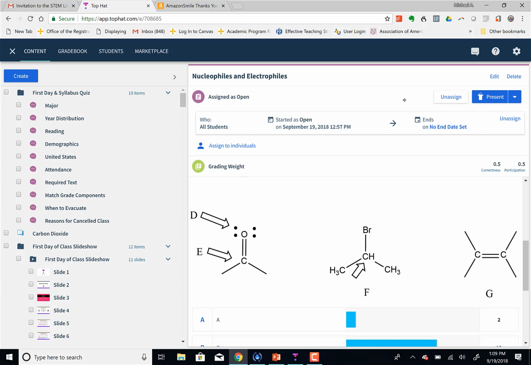And then the double bond. Nucleophile? No? What do you think? Is there non-polar? No, there's either electrophile or nucleophile. That's it. So you only have those two choices.